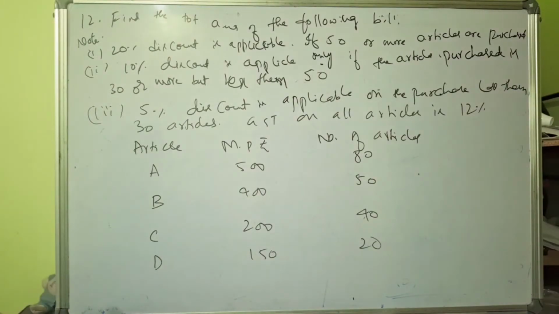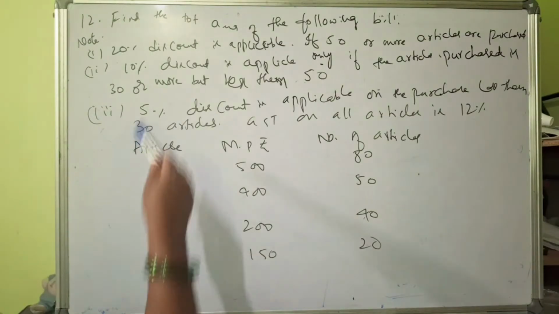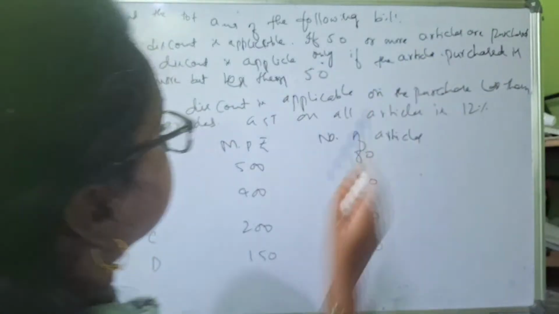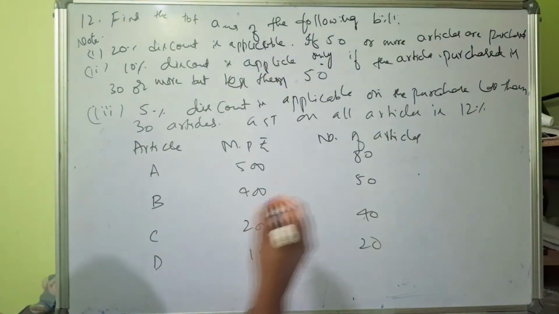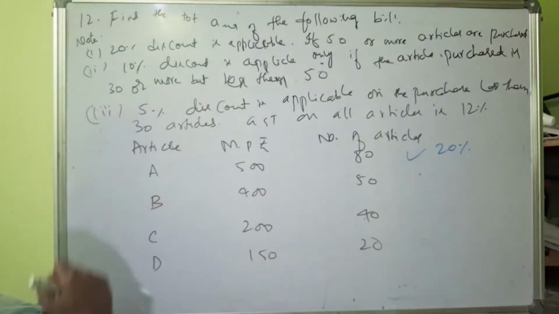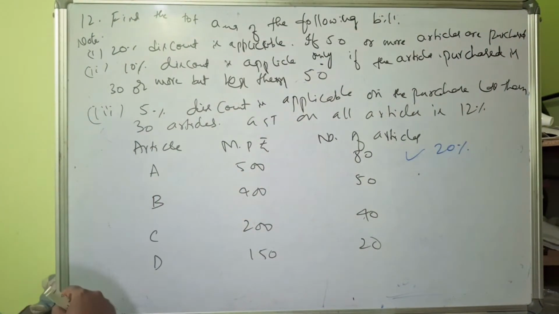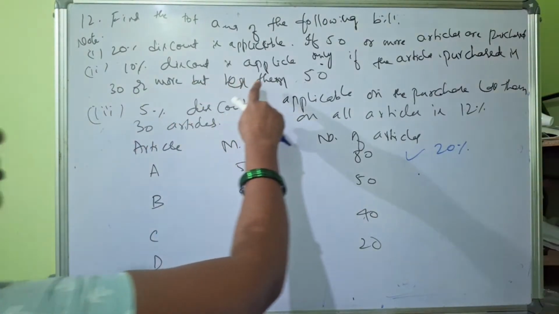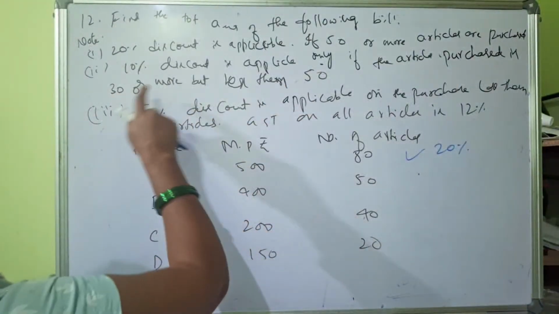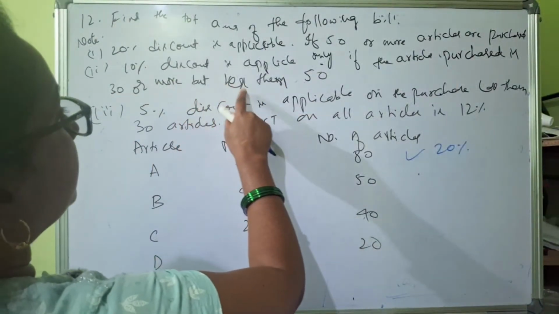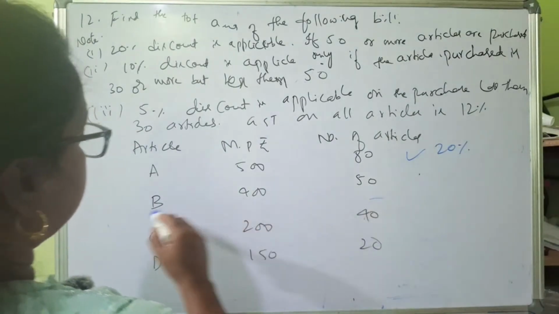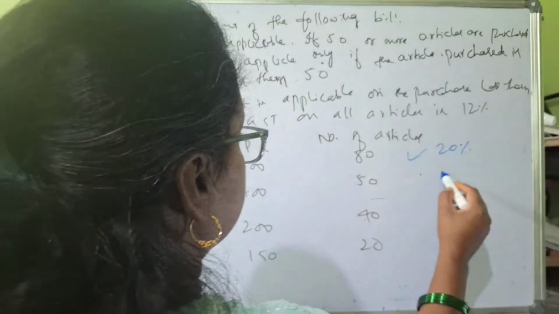So according to the question, 20% discount is applicable if 50 or more articles are purchased. So here 20% discount is applicable for article A, and 10% discount is applicable only if the articles purchased are 30 or more but less than 50. So here the percentage applicable is 10%.